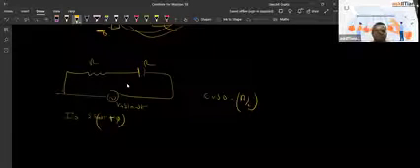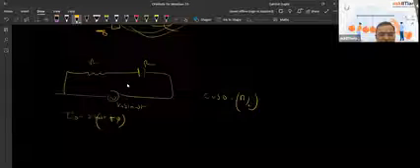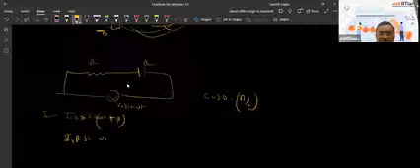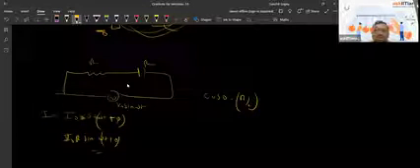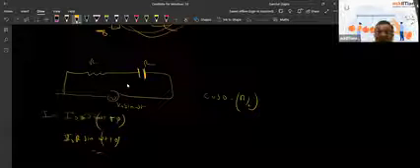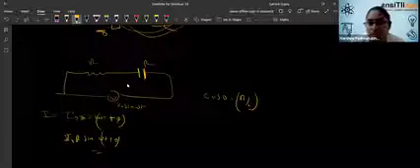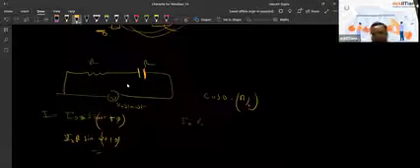The voltage across the resistance would be I naught into R sine of omega t plus phi. Across the capacitance, what will the voltage be? It is the current into XC, so I naught XC sine.